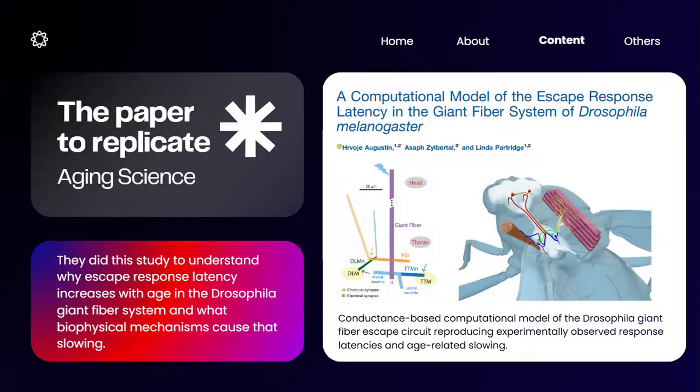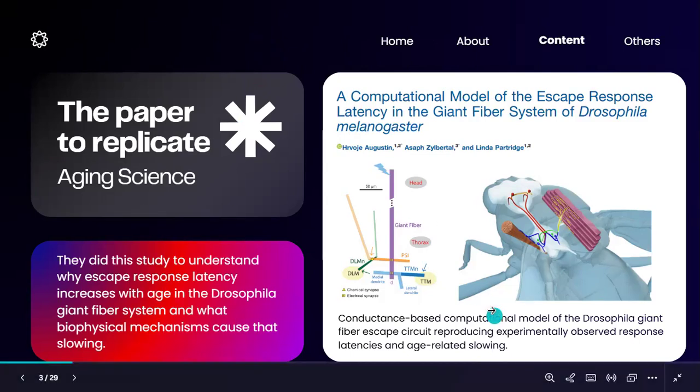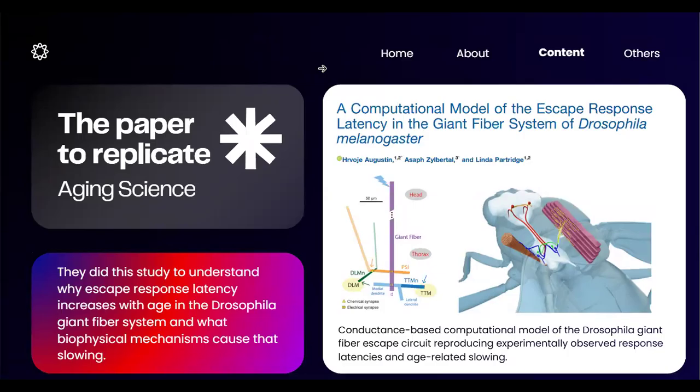So this is a fruit fly, and we're going to be looking at how this escape response latency, or how fast the fruit fly signals that it wants to escape, changes as the fruit fly ages. And not only how it changes, but what specifically about the neurons change as well.